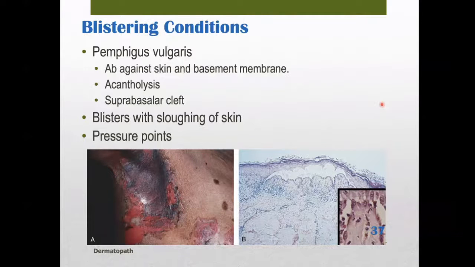Blistering lesions of the skin happen when there is, for example, destruction of desmosomes or hemidesmosomes or any other proteins that anchor one cell to another.